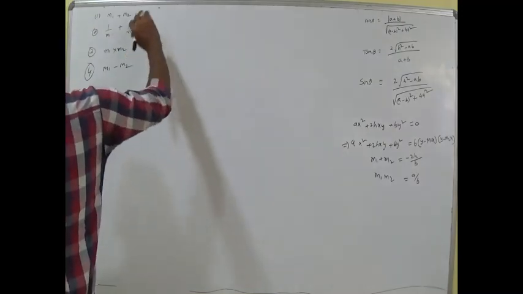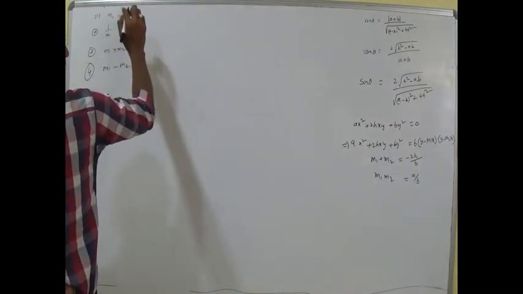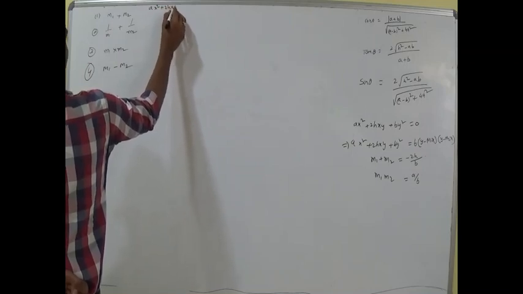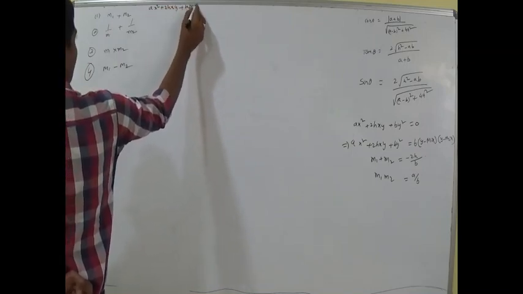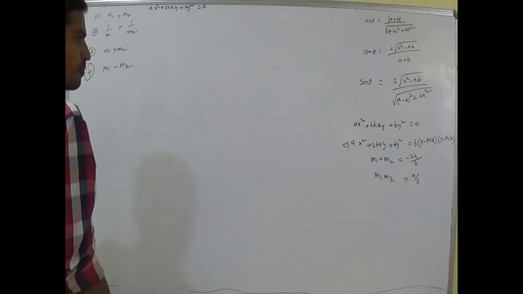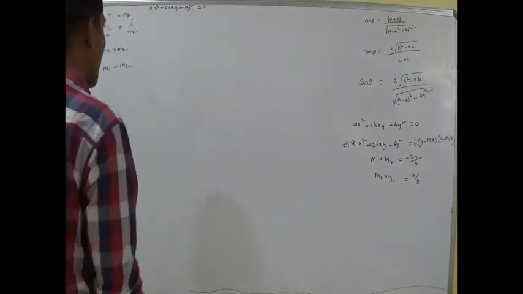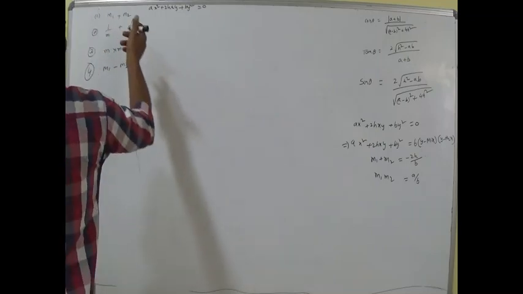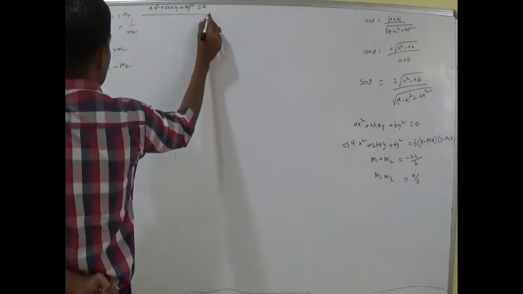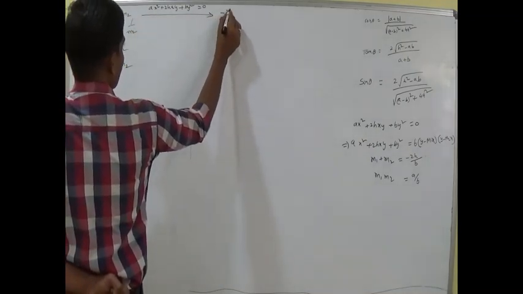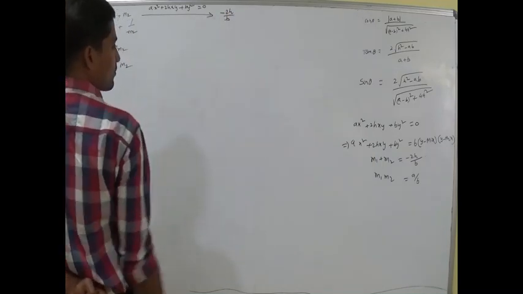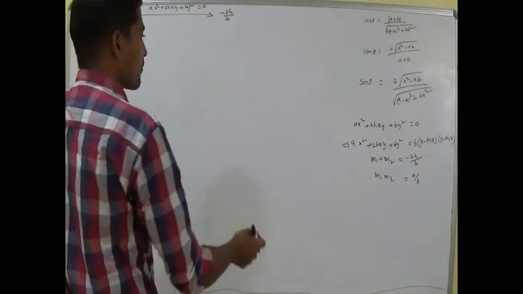For this also, the given equation is ax square plus 2hxy plus by square equals 0. Then m1 plus m2 we can write directly as minus 2h by b, right? That is a formula.